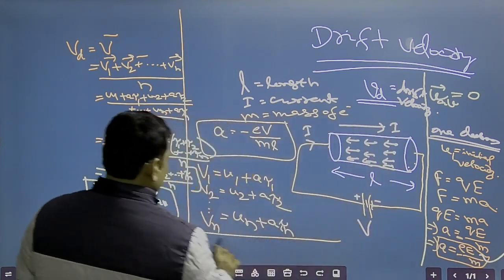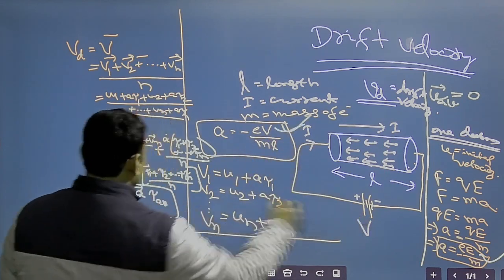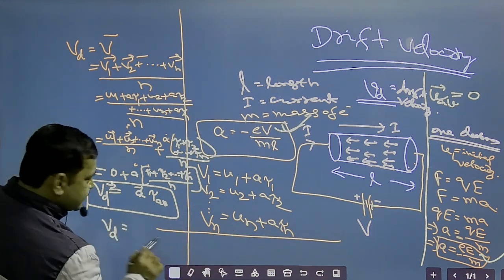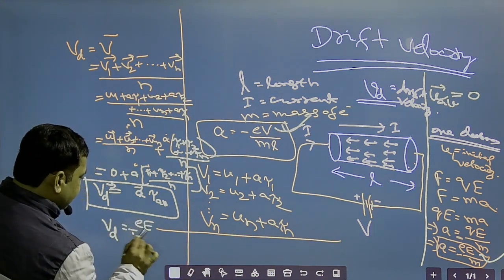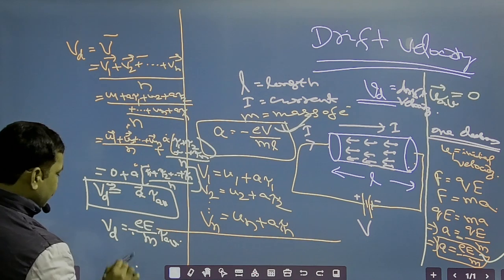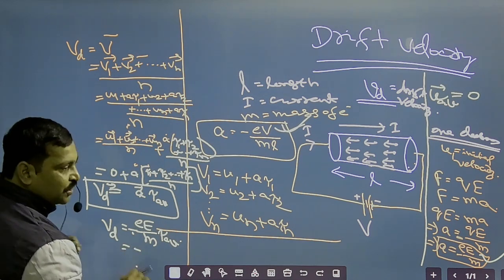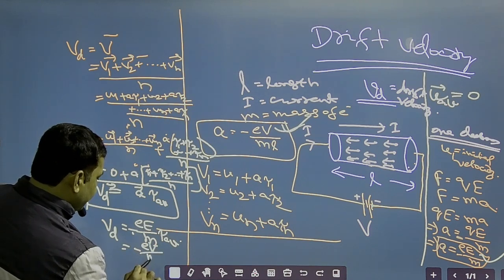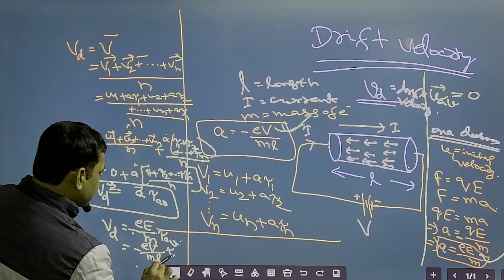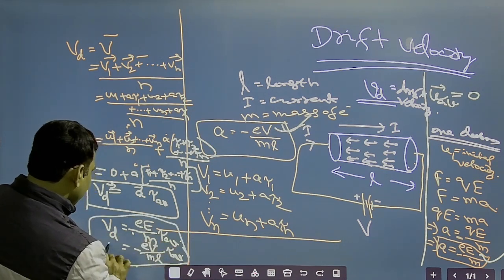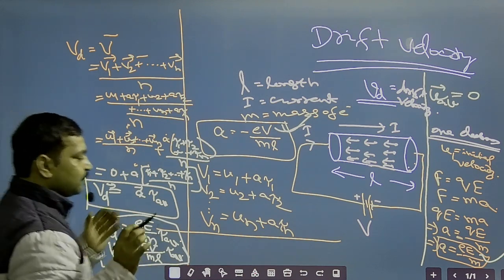So Vd is equal to a, which is minus eE upon m, times tau average. Or in terms of potential difference, minus eV upon mL, times tau average. So this is the derivation for the drift velocity.